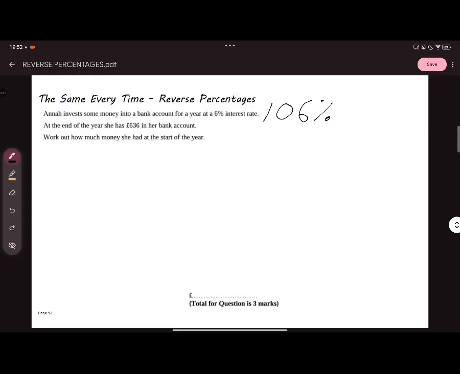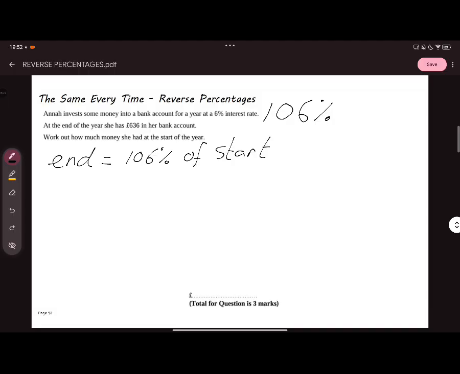So after 1 year, she has 106% of the amount that she started with at the beginning. Right, okay, so at the end of the year, same idea. She has 106% of the amount that she started with.